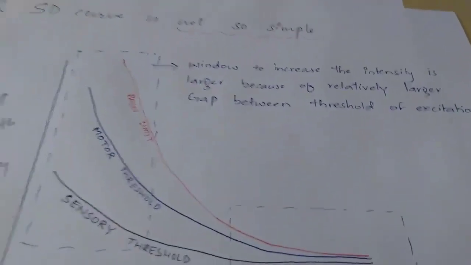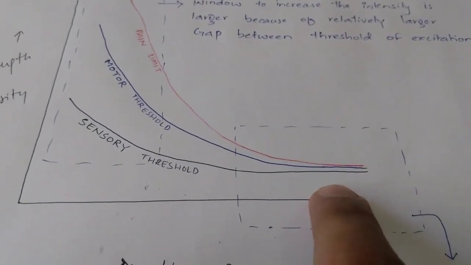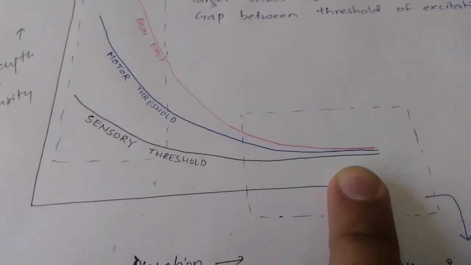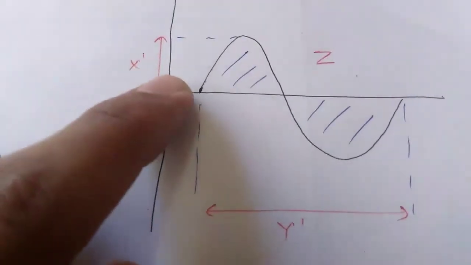If the muscle is denervated, we would go for galvanic because the range required is smaller, and we can achieve that contraction in the denervated muscle faster because it gives more area under the curve with the lesser intensity.